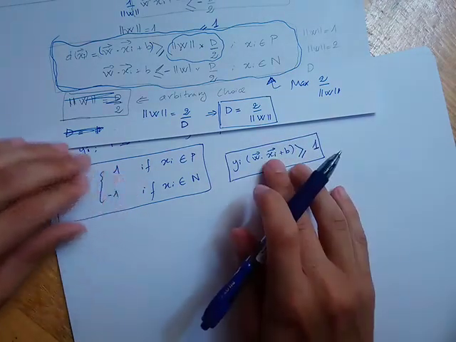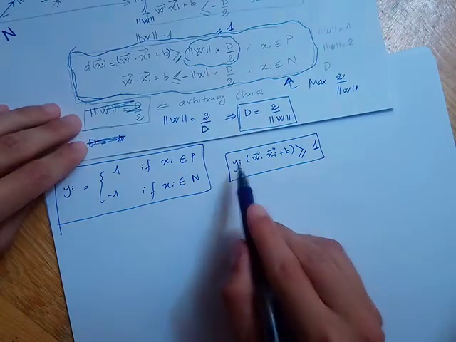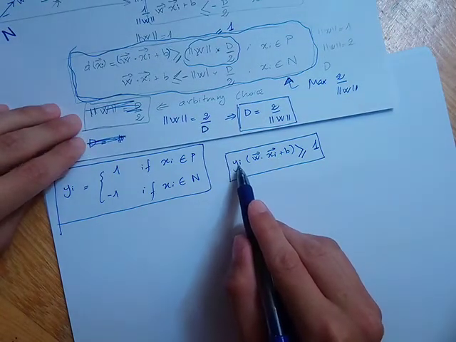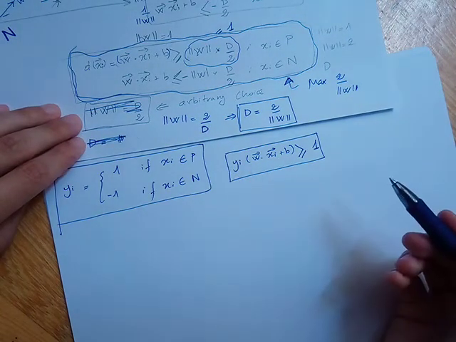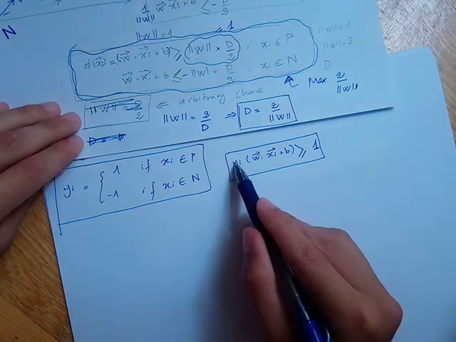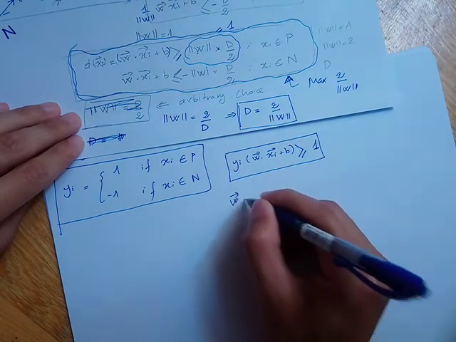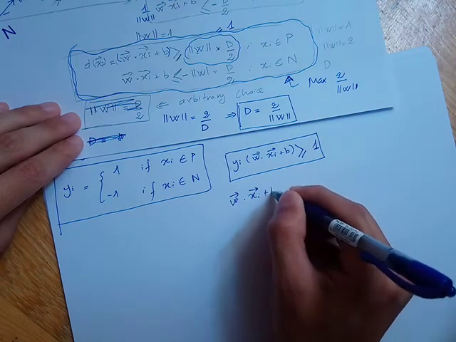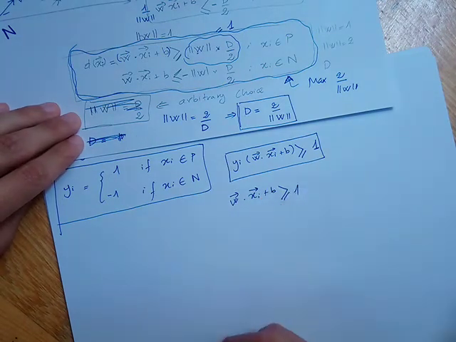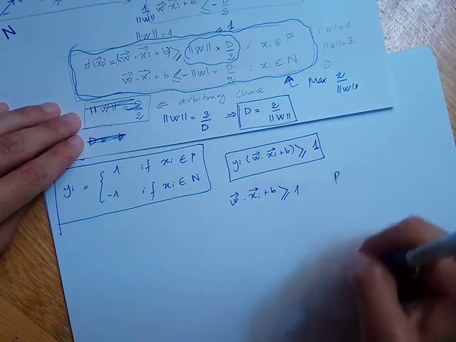And if you want to check this out again, you can just replace yi and see what would happen. If the sample is positive, you just replace yi here, then you would get W dotted with xi plus b higher than or equal to 1. This is the positive sample.